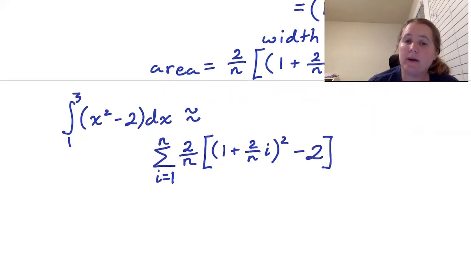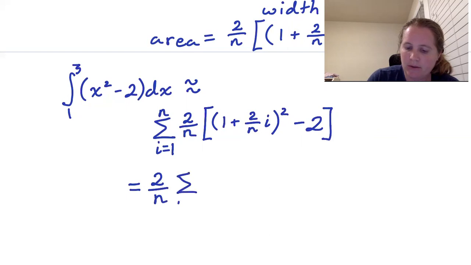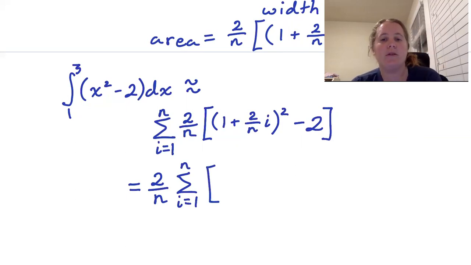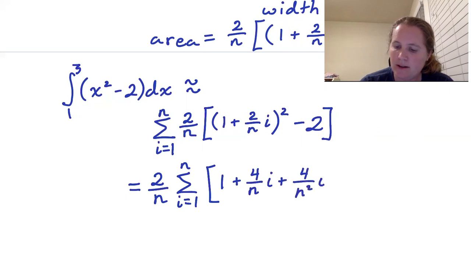So from here, we can go ahead and solve. So I'm going to pull the 2 over n out front. It doesn't involve an I. We can pull it out front. We have I equals 1 to n. Then we can go ahead and multiply out 1 plus 2 over n I, the whole thing squared. This becomes 1 plus 4 over n I plus 4 over n squared I squared, and then minus 2.